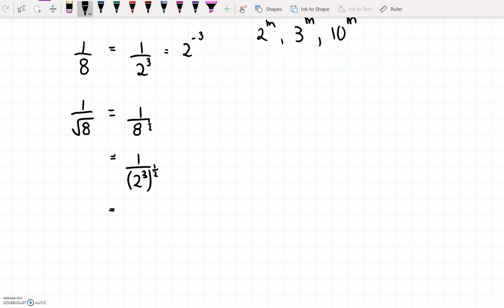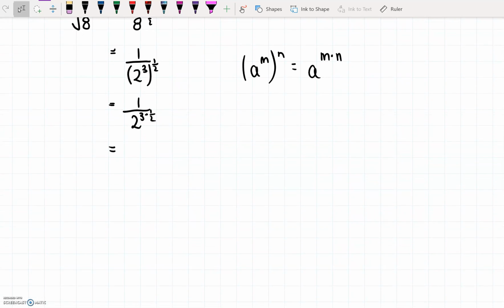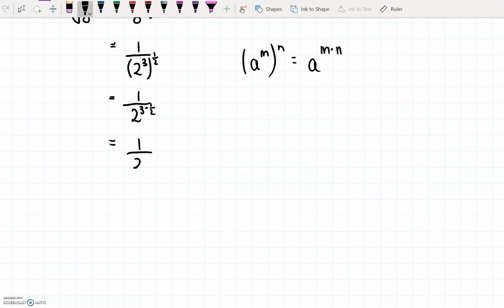And again, using that a to the power of m to the power of n rule, it's a to the power of m times n. So we're going to have 1 over 2 to the power of 3 times a half. 3 times a half is 1.5. So we have 1 over 2 to the power of 1.5.